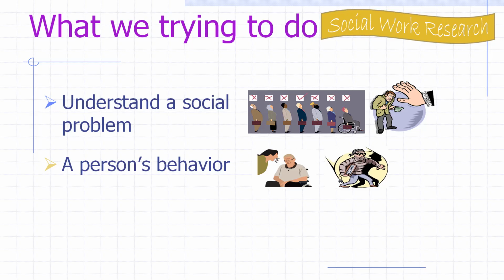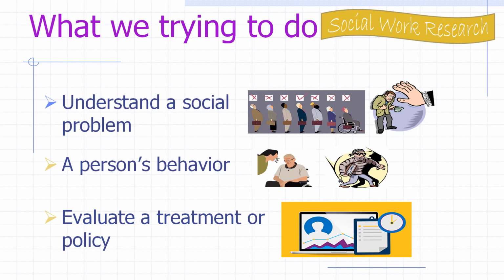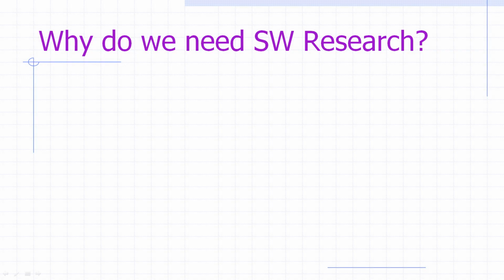Or we're trying to evaluate a treatment or policy, essentially answering the question of, does it work? And in particular with social work research, we're trying to understand these things as they affect the clients and the populations that we serve.